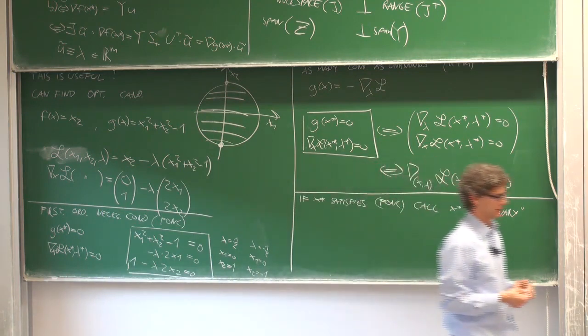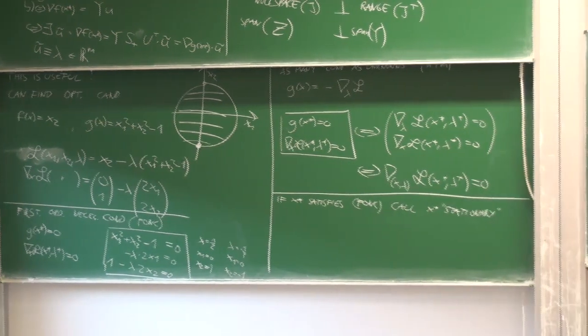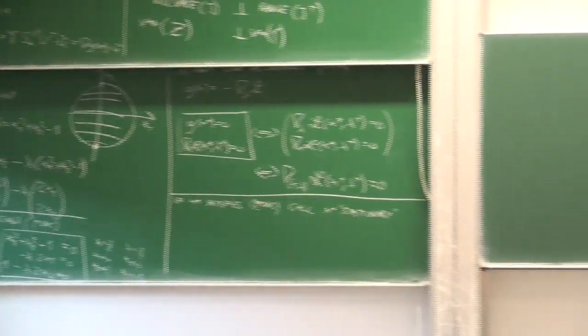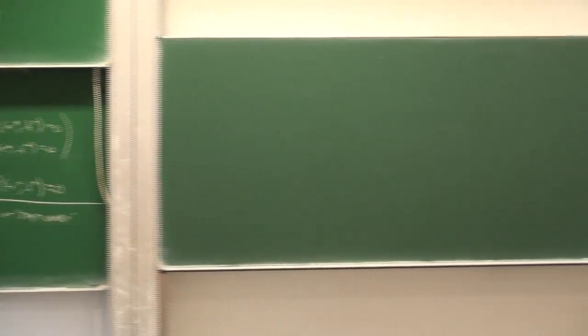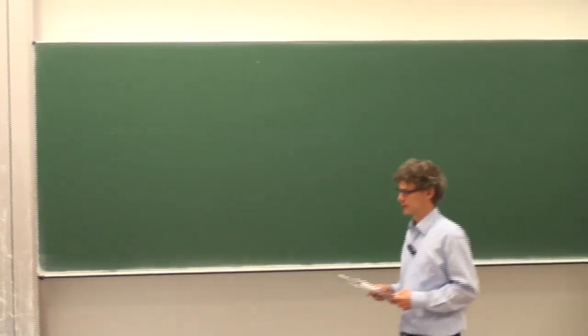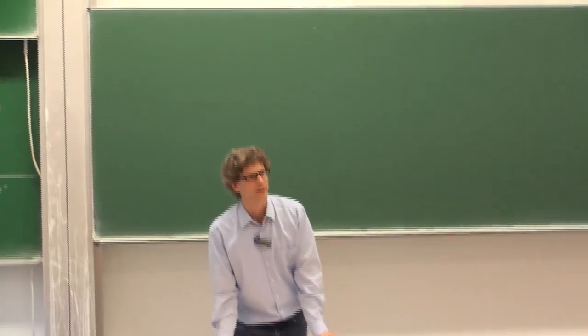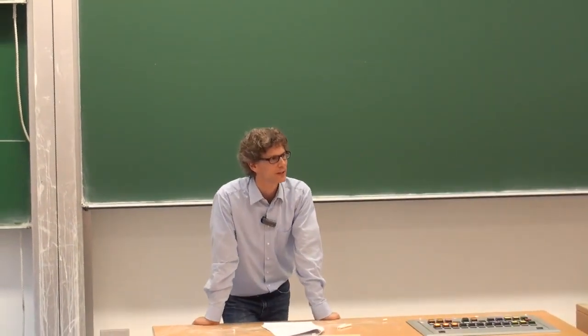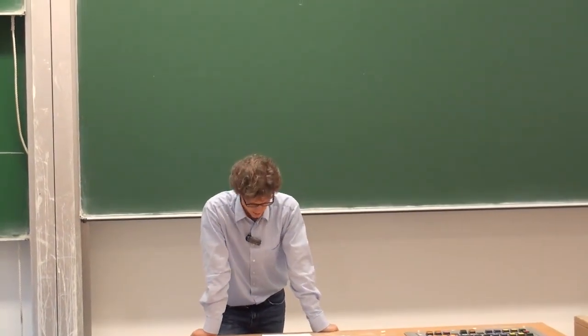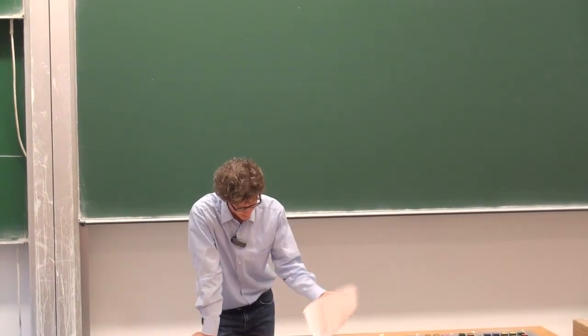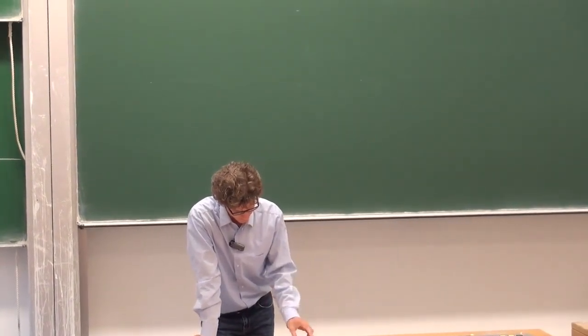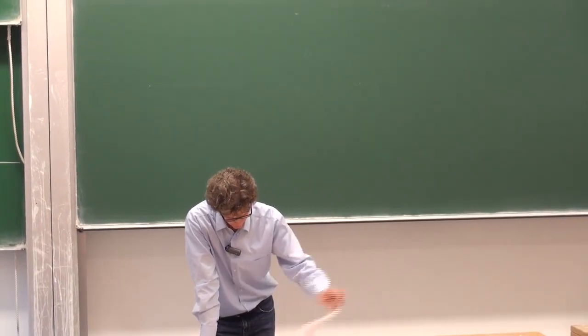Yeah, we want to continue, and I want to go relatively quickly, and this is possible now because we did all the hard work already, to second order necessary and second order sufficient conditions for optimality. Let me do it briefly.